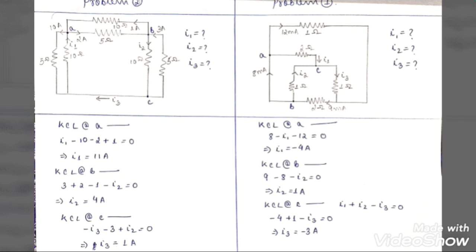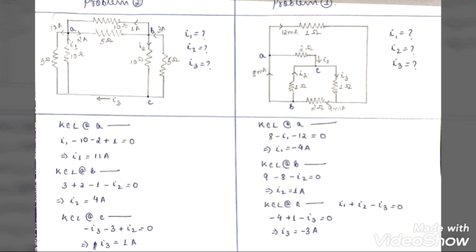Now, we'll solve some numericals for you to understand in a better way. The first problem we have here is this one. In this circuit, we are supposed to find 3 currents I1, I2, I3. कभी भी कोई भी सर्किट दिया हुआ हो, कोई भी प्रॉब्लम दिया हुआ हो, first look at the data, the complete data, whatever is given to you and whatever you need to find out.